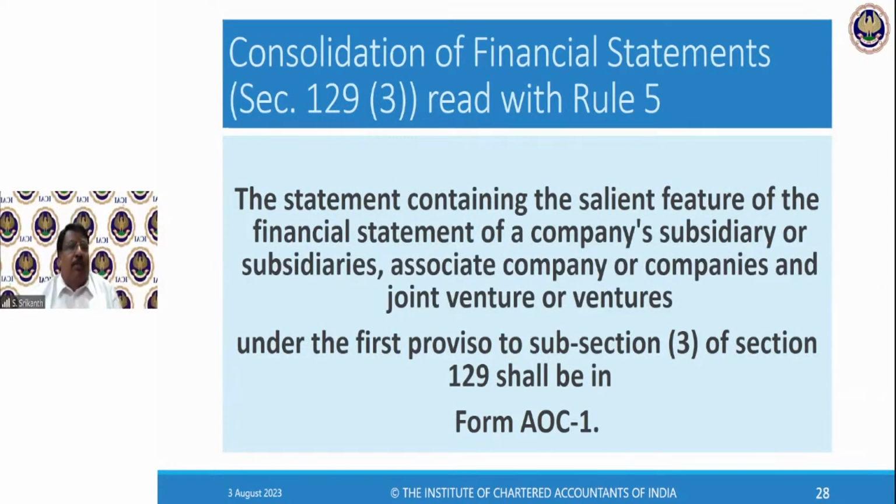In normal consolidation, the holding company holds 60% or 70%, the minorities hold 30 or 40. So you will value the minority interest and proportionately bring it into the balance sheet as a liability. Here the same thing happens, except that the company may not be a majority. In a joint venture or an associate company, you are only 20, 30, and the other shareholders are 70.